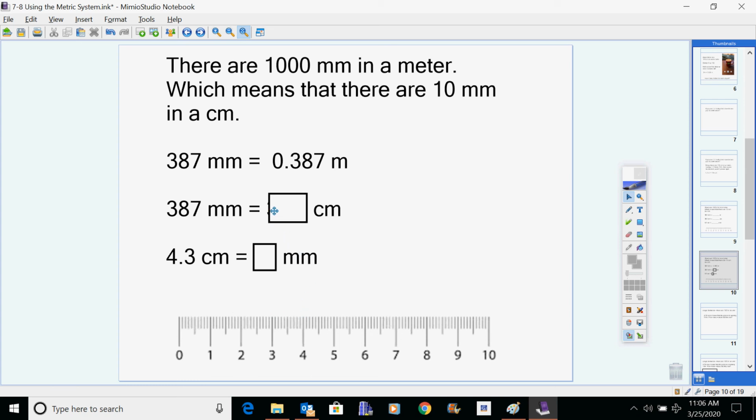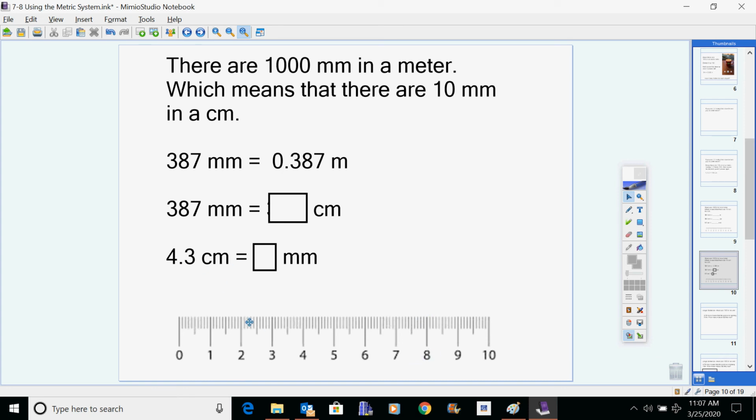So if you had a number of centimeters and wanted to find out how many millimeters that was, you would have to go backwards and multiply. But if you knew that you had, for example, 80 millimeters, to find out how many centimeters that is, you would divide, right? So if I had 10, 20, 30, 40, 50, 60, 70, 80 millimeters, I would divide that by 10 to get my 8 centimeters.